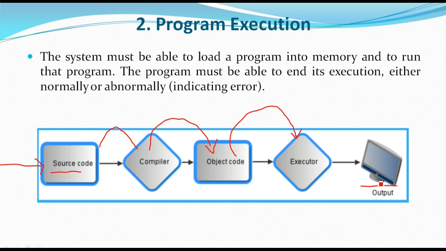The system must load the program into memory to run that program. It means that first we load this source code program into memory, and then that program gets run. Thereafter we compile, convert to object code and execute that program.